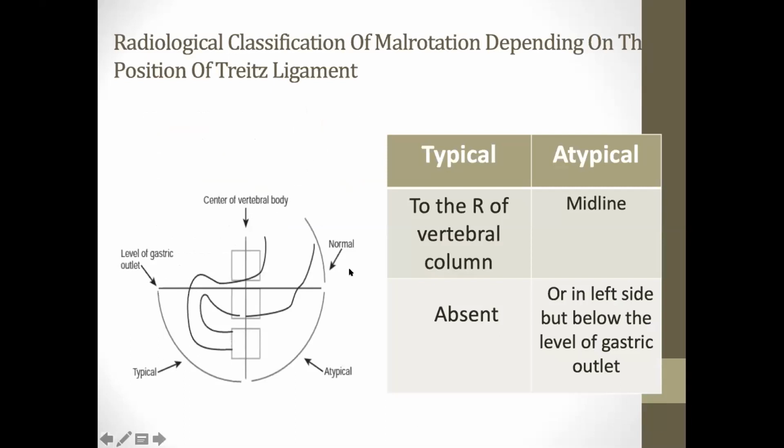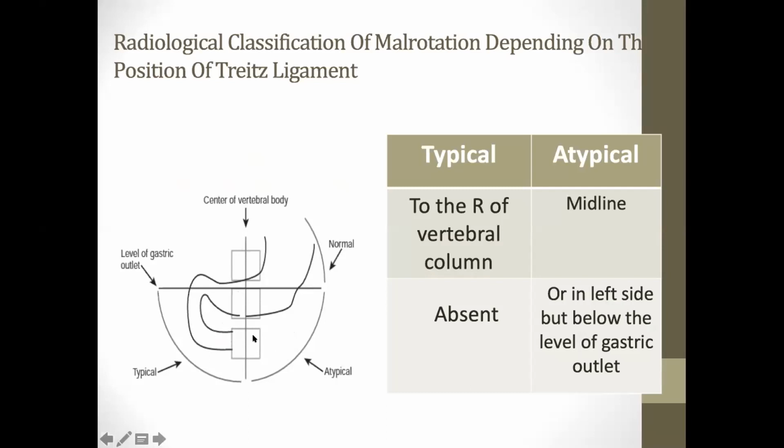Malrotation may be typical or atypical in radiological classification. In typical malrotation, the duodenojejunal junction will be to the right of the midline, in this quadrant.